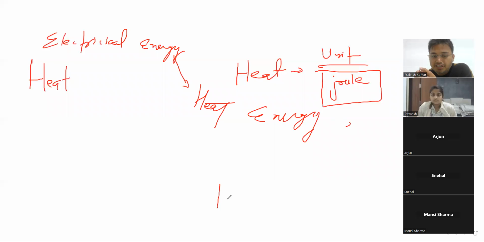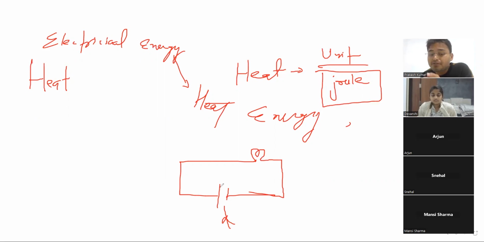For suppose in a circuit, this one is a bulb, okay? So what will this battery provide? Voltage. Potential difference, right? Its work is to provide potential difference.